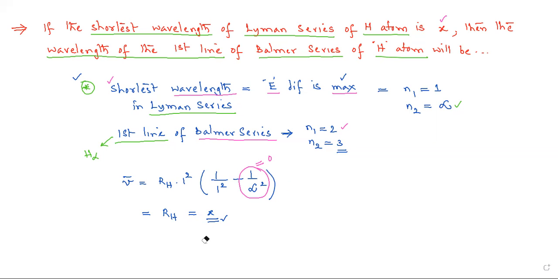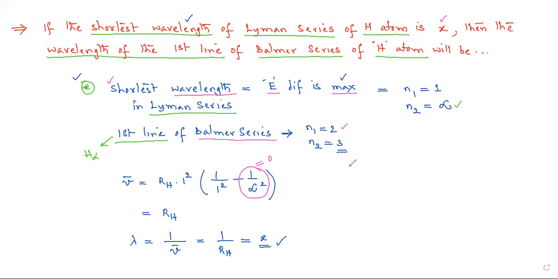This is not X. We got RH, but see, they have given that the wavelength is X. Nu bar is RH. Then we know that lambda is equal to 1 by nu bar, nothing but 1 by RH. Now, yes, this is given as X. Because it's not the wave number that is given as X, it is the wavelength which is given as X. Got it? Now, anyway, we have finally given the value of lambda.